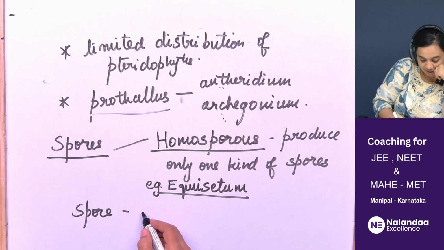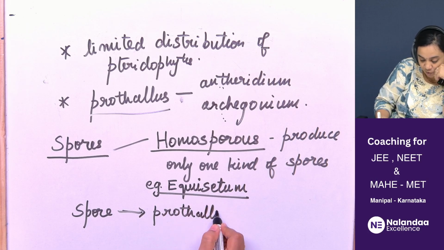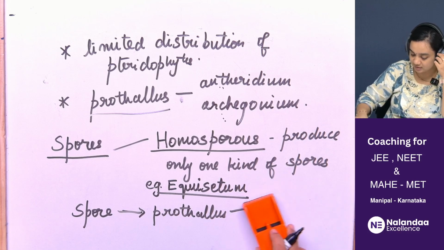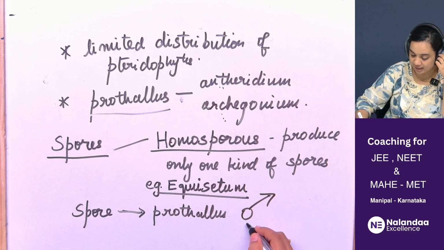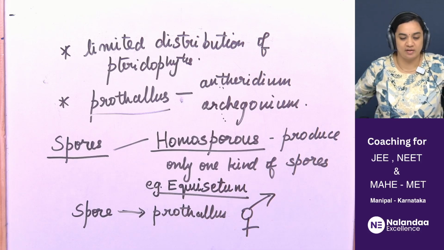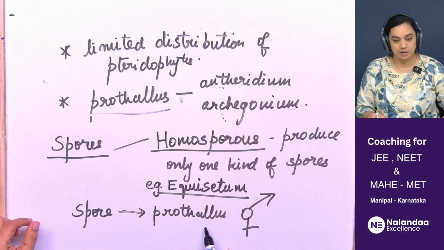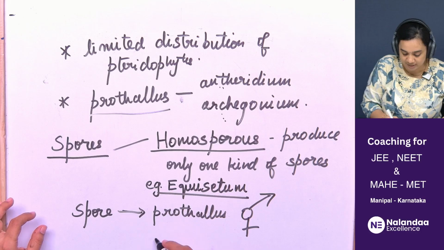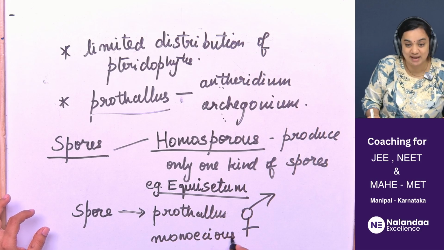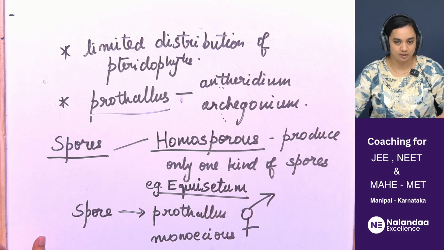Bisexual meaning monoecious, meaning when this spore develops into a prothallus, it will have both antheridium and archegonium, male and female together. Both will be present on the same prothallus. Clear?